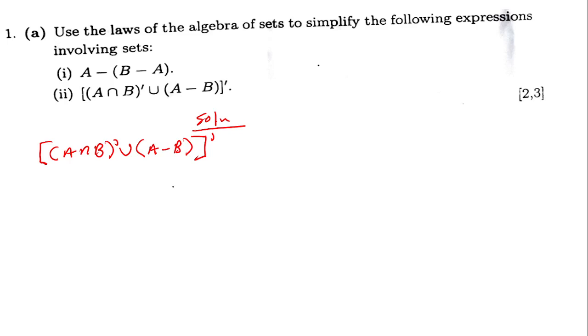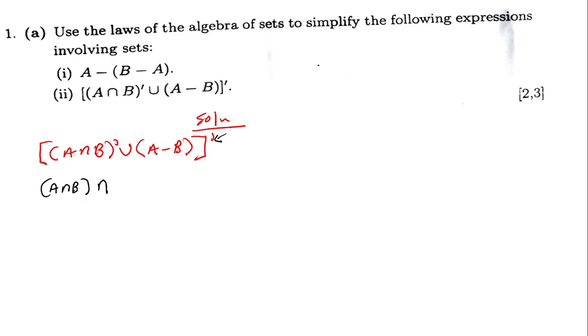The first thing that we are going to do is multiply this complement by everything that is inside. If we multiply complement times that complement there, this will be A intersection B, because complement times complement will give you a 1, which is just the same as that. Then union will become intersection.